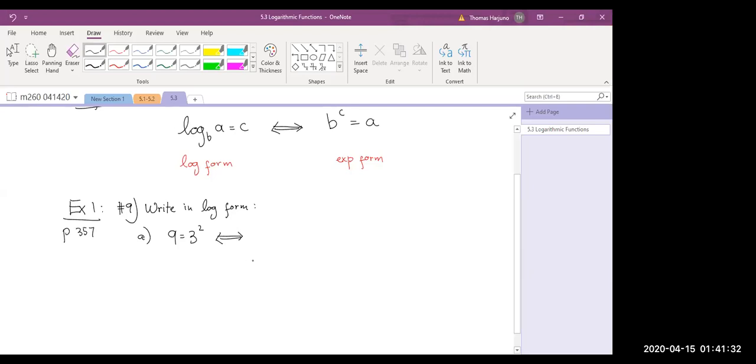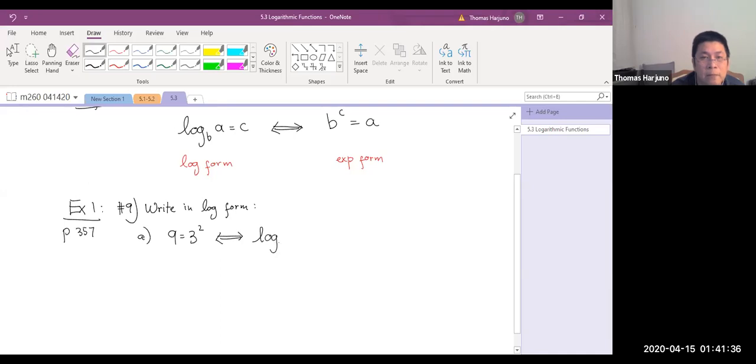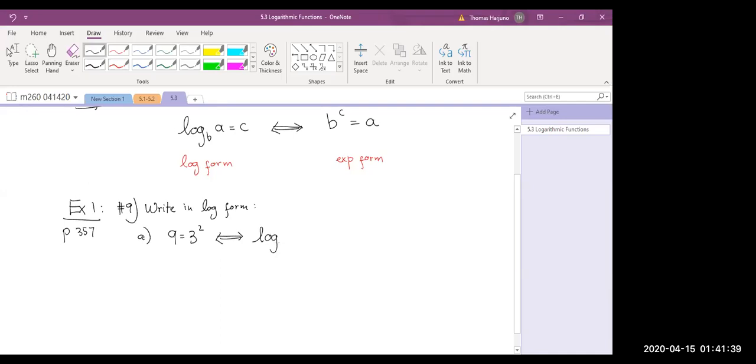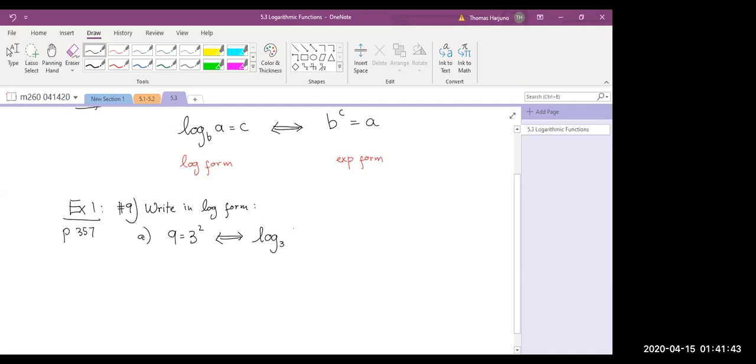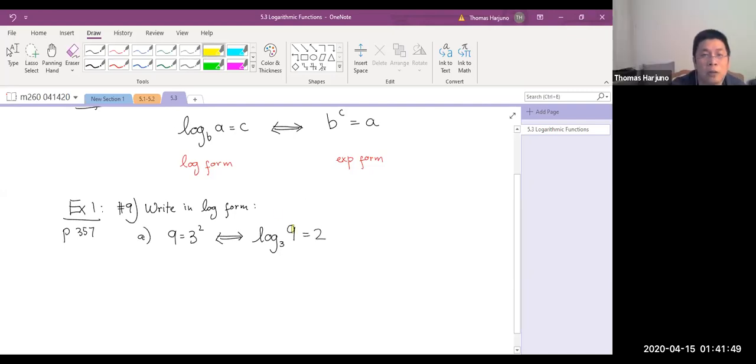Log, 9. What is the base? 3. Base 3, that's right, of 9 equals 2. Now, when you have log, this position here is called the argument. This is called argument.